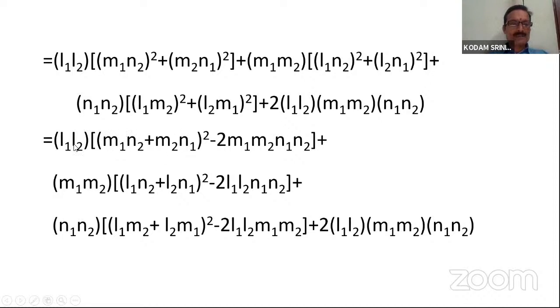That's why we have to remember this step, M1 N2 plus M2 N1 whole square. Similarly, by taking M1 M2 as common, M1 M2 terms will not be inside the bracket. Only the remaining L and N terms will be there, that is L1 N2 plus L2 N1 whole square. Similarly, by taking N1 N2, that is L1 M2 plus L2 M1 whole square minus 2 L1 L2 M1 M2.